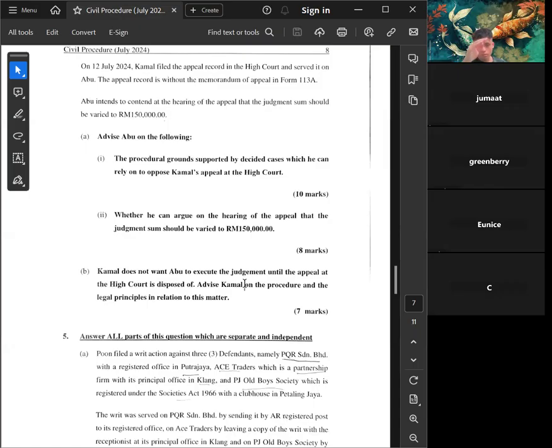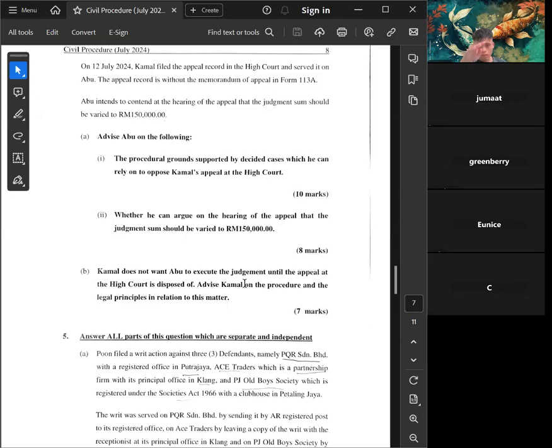Later on, to define what amounts to a special circumstance, in the case of Leong Po Shi, the court defined special circumstance as uncommon, unusual, and exceptional.